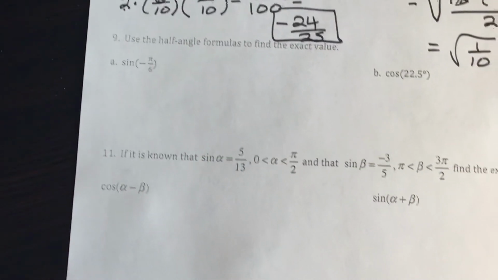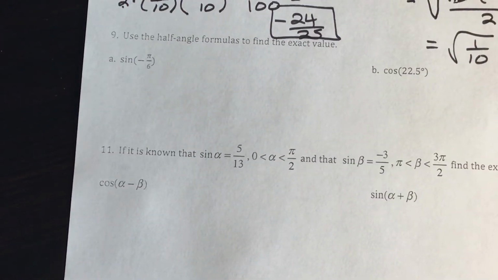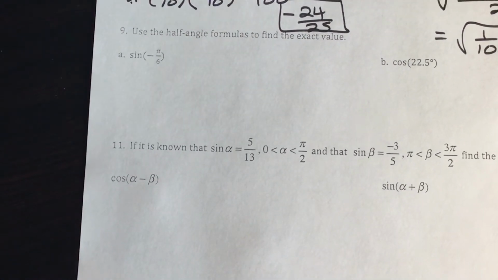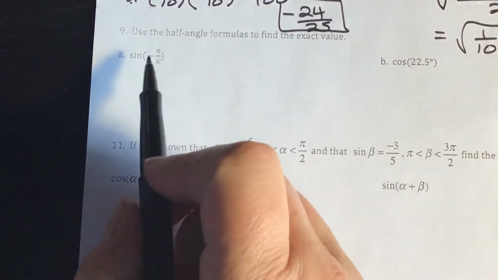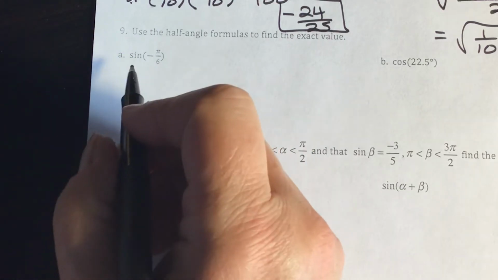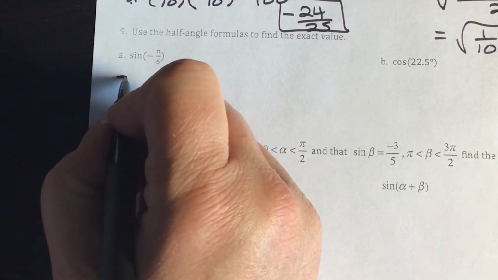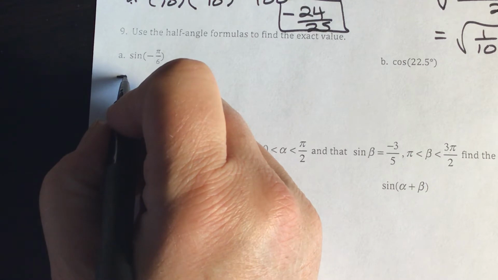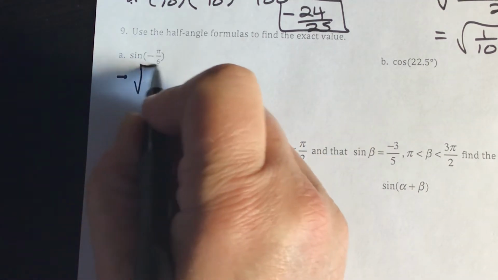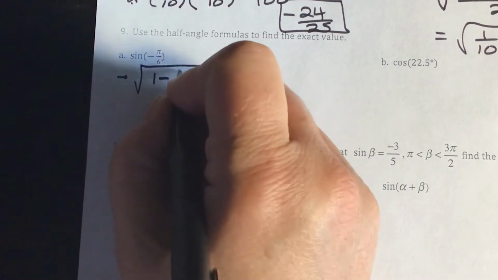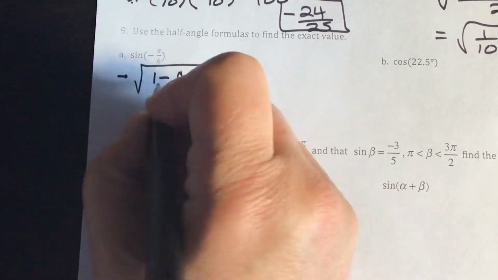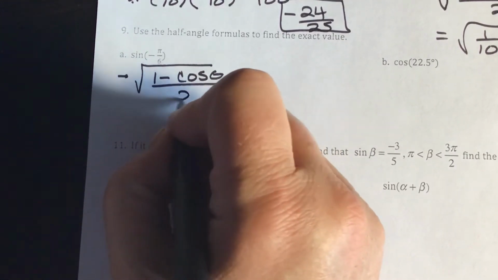Number 9 says to use the half angle formula to find the exact value. So the half angle formula, and we're going to use minus, I'm looking for the half angle formula. So I have 1 minus cosine of theta over 2.